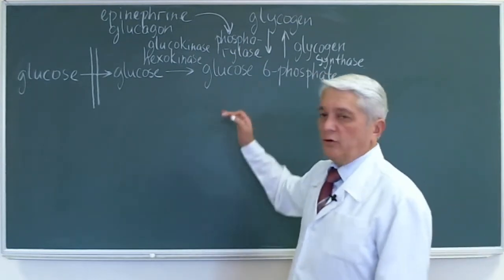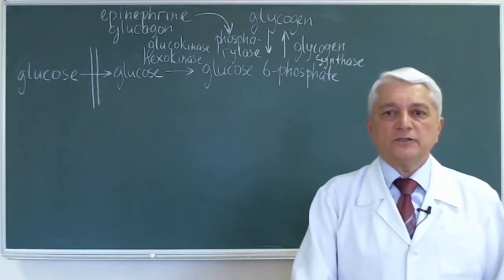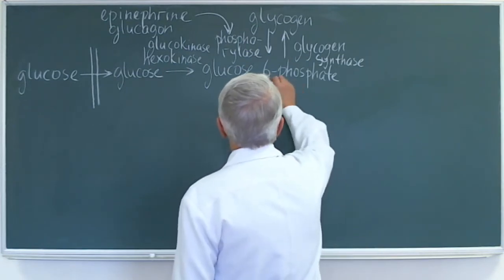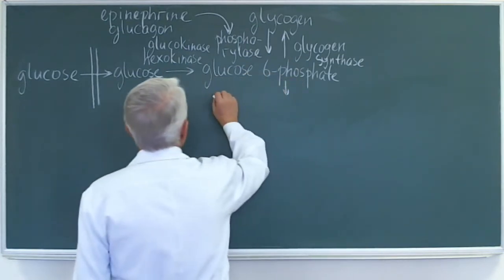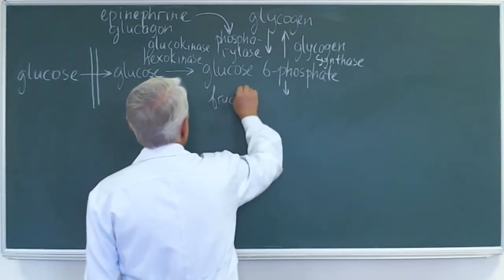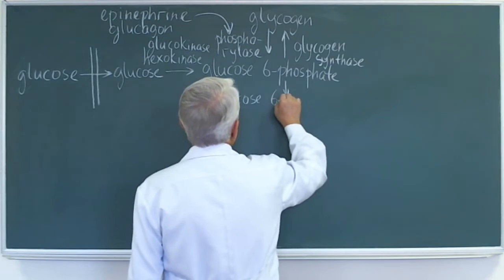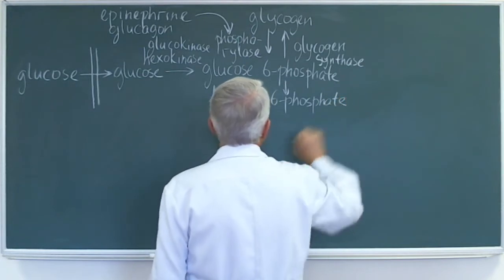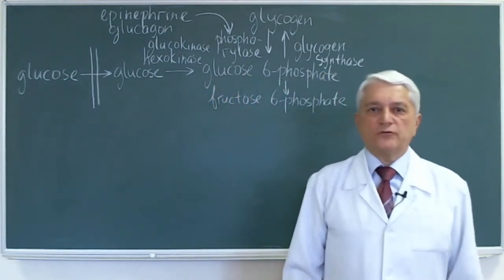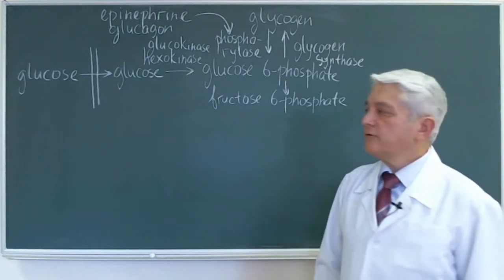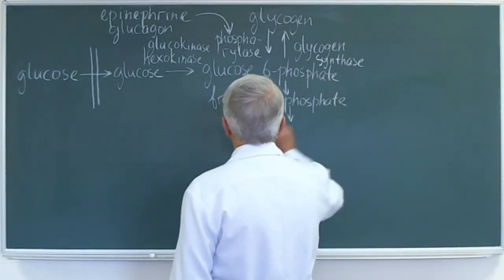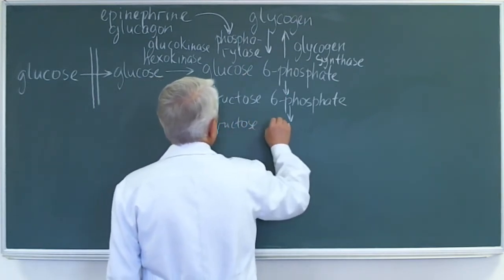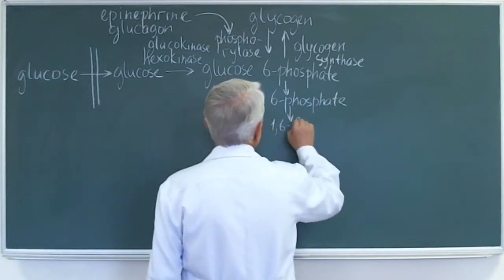So now we have the top of our scheme, and let's go down with glycolysis. Glucose 6-phosphate can be transformed to fructose 6-phosphate. This is a simple reaction of isomerization, but the next is very important. Fructose 6-phosphate will produce fructose 1,6-bisphosphate.